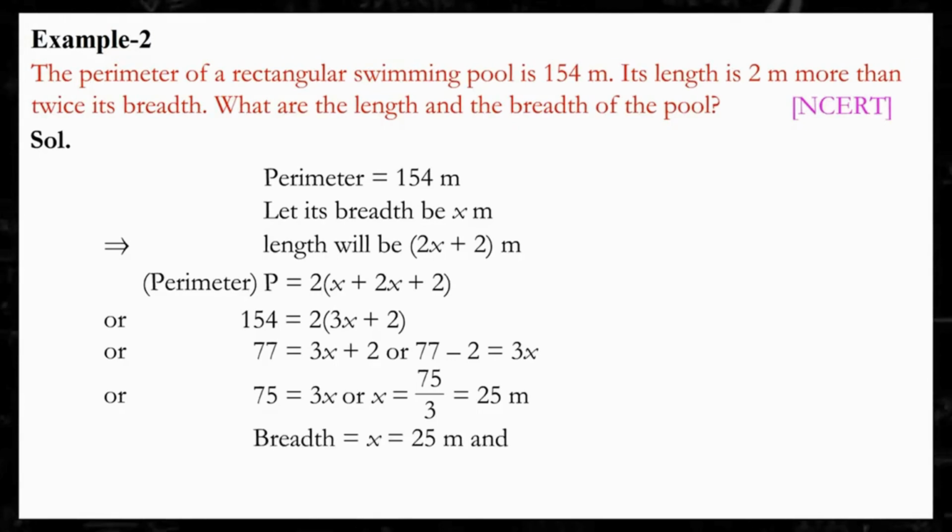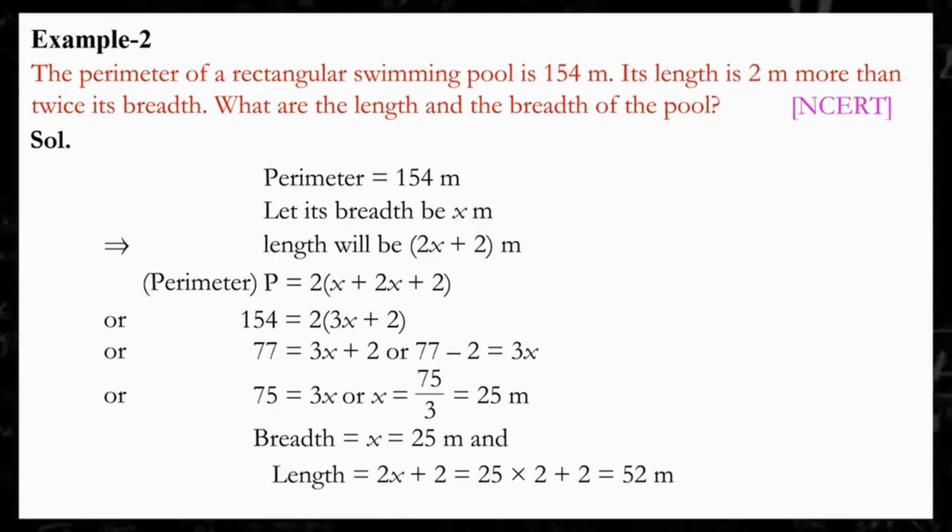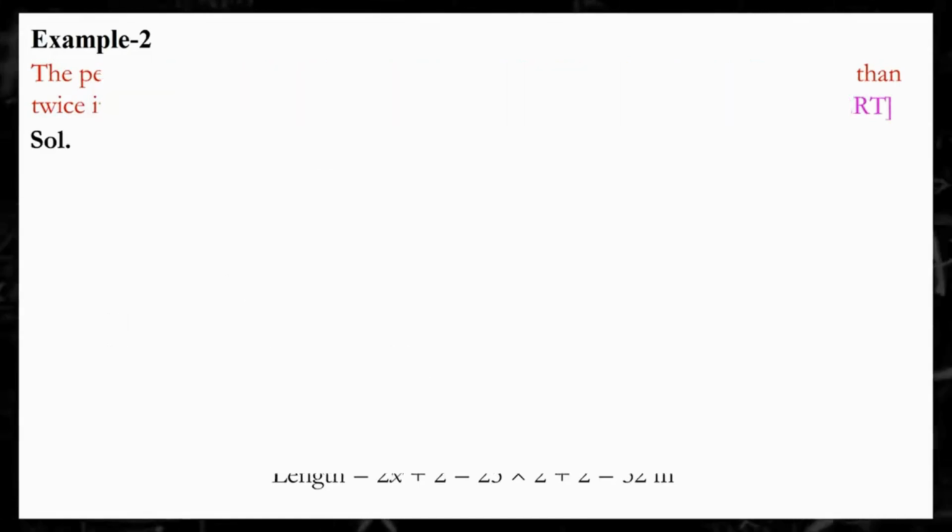Implies breadth is equal to x is equal to 25 meters and length is equal to 2x plus 2 is equal to 25 into 2 plus 2 is equal to 52 meters.